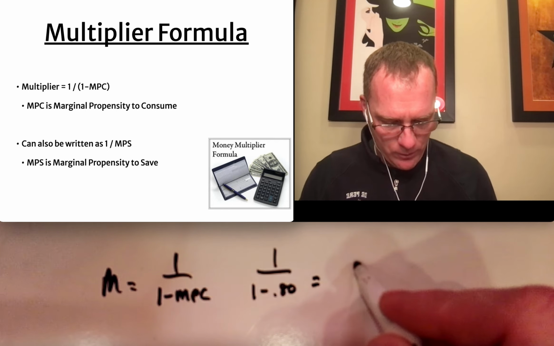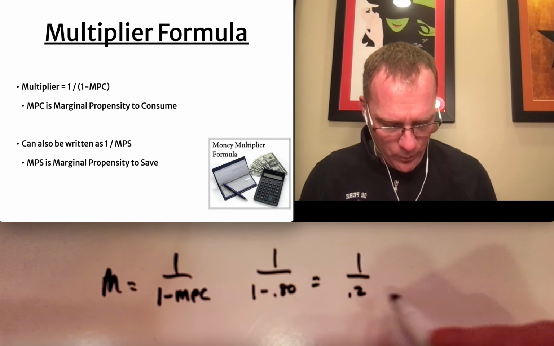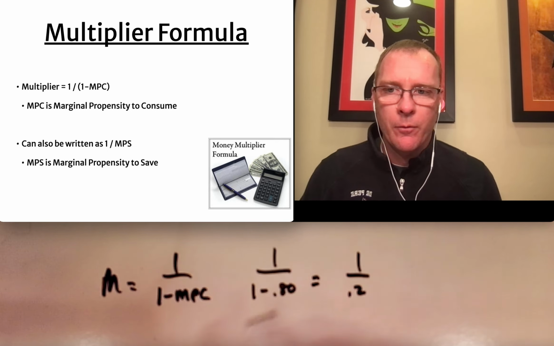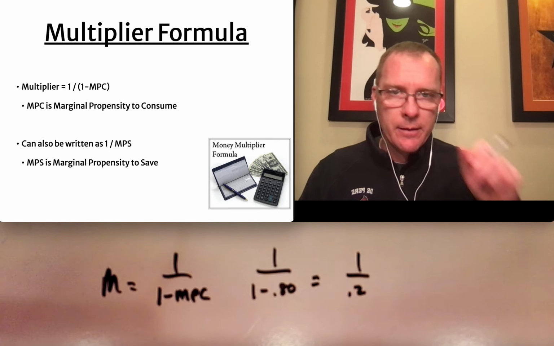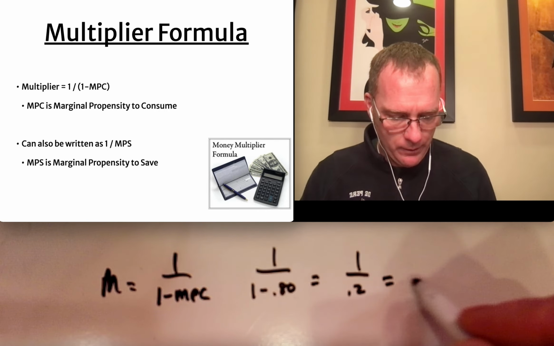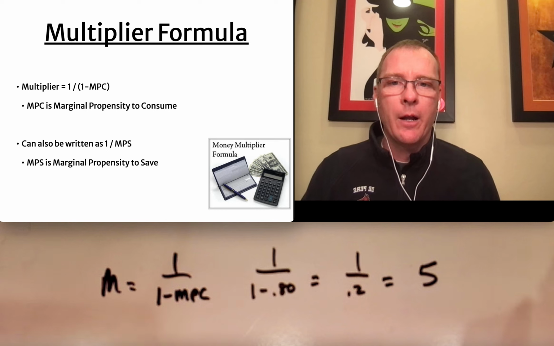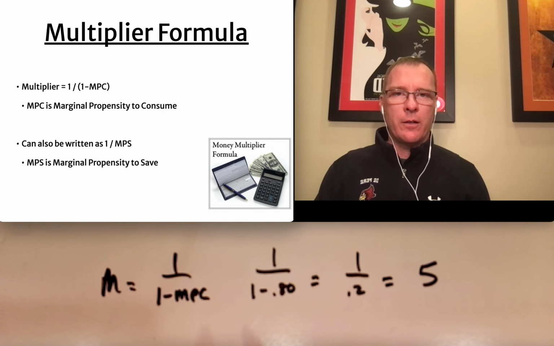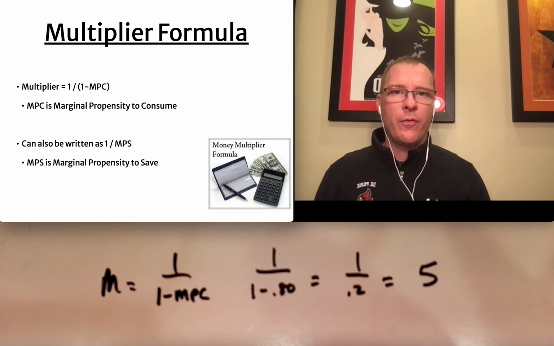So really it's 1 over 0.2, and I can realize that my multiplier in this case is going to end up being 5, right? And so if I put a new dollar into the economy, that dollar is going to turn into $5 at the end of the day.